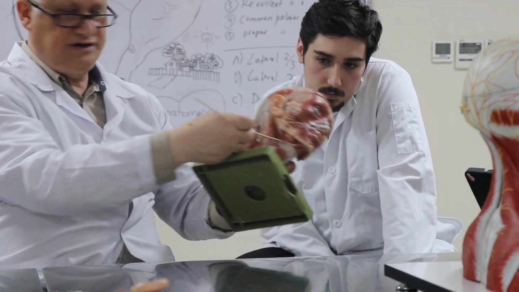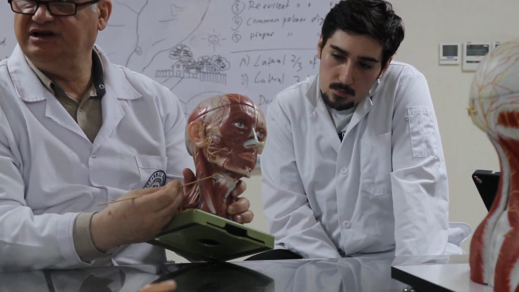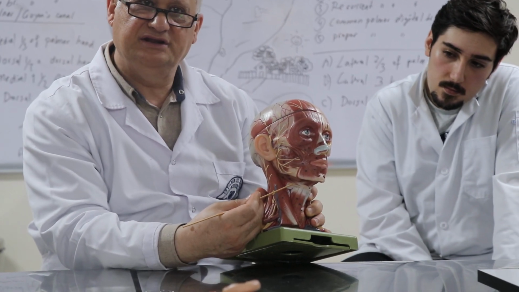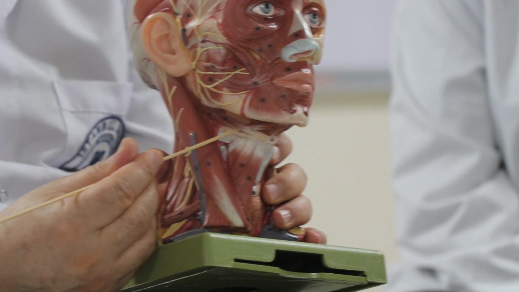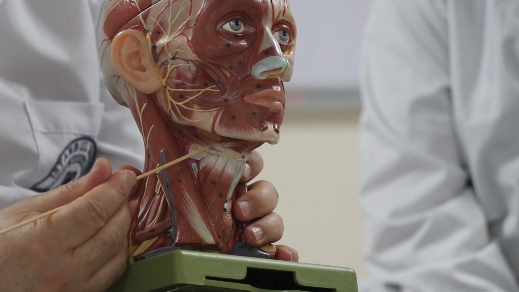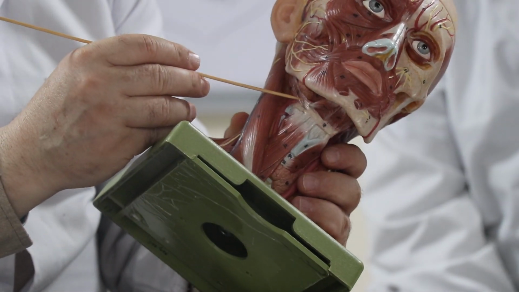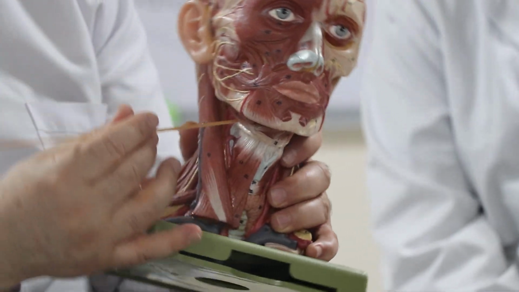Stylohyoid. So again, it pulls the hyoid up and back. It elevates the hyoid, and it acts in the swallowing and chewing processes. And the nerve is what? Facial nerve.